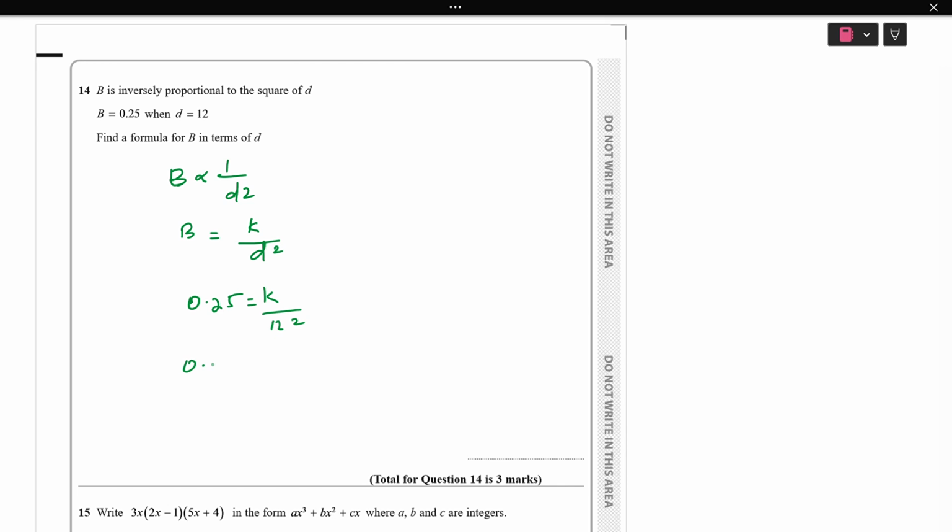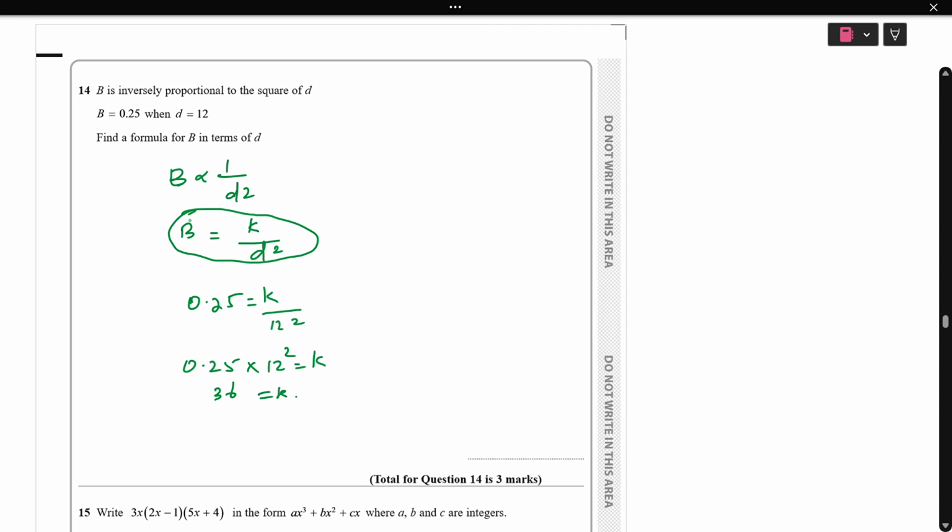So 0.25 times 12 squared equals K, so K equals 36. Now we substitute back here: B equals 36 over D squared. That's the answer.